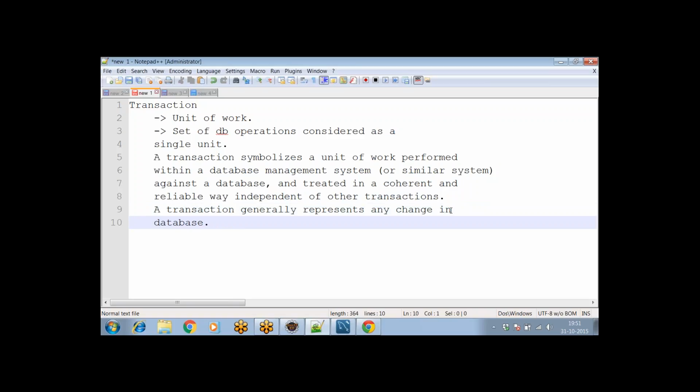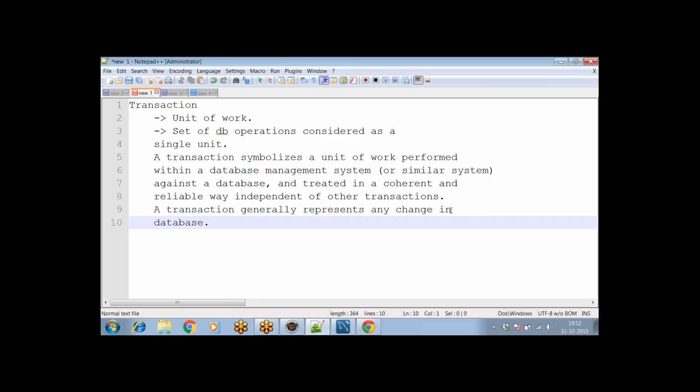You can also consider this. A transaction symbolizes a unit of work, as I told you, performed within a database management system, that means in the database server, and treated in a coherent and reliable way, independent of other transactions.